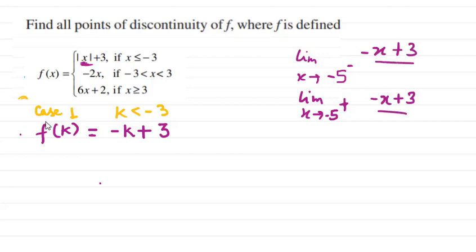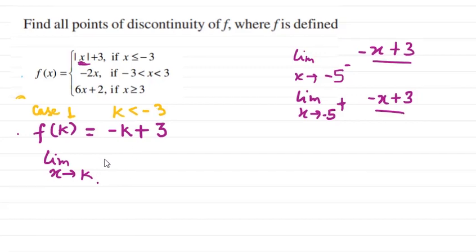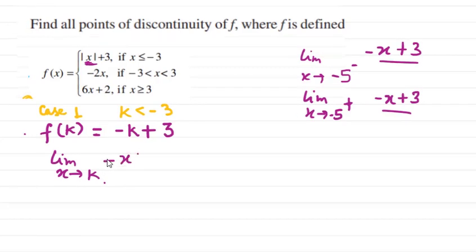So you can say that the limit, when x tends to k and k is less than minus 3, that time your function will be minus x plus 3, and that will be how much?